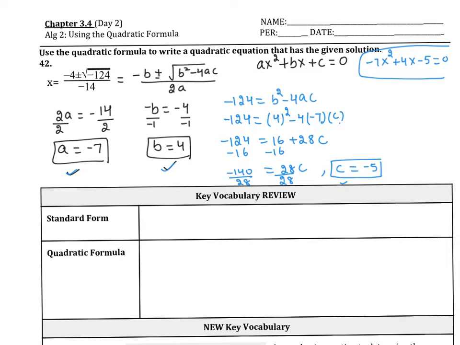The standard form of a quadratic equation is ax squared plus bx plus c equals 0, and the quadratic formula is negative b plus or minus the square root of b squared minus 4ac, divided by 2a.